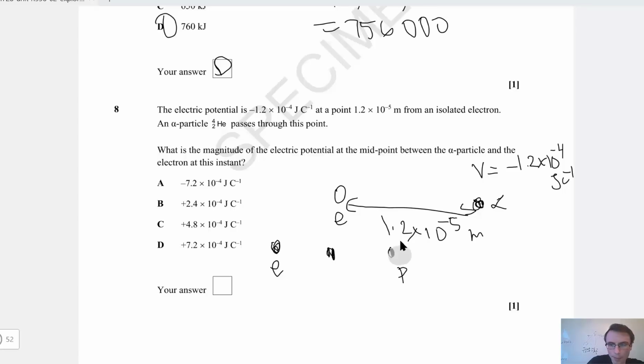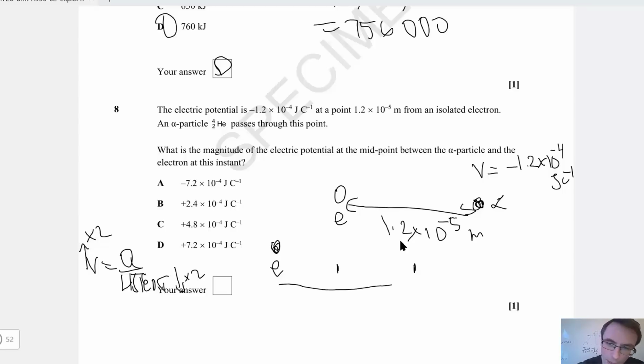Actually, even simpler, let's just imagine that we simply have the electron, because in the equation for potential, Q over 4 pi epsilon naught R, if R decreases by a factor of 2, the magnitude of V will increase by a factor of 2. So just due to the electron, the potential, let me just do a better diagram.